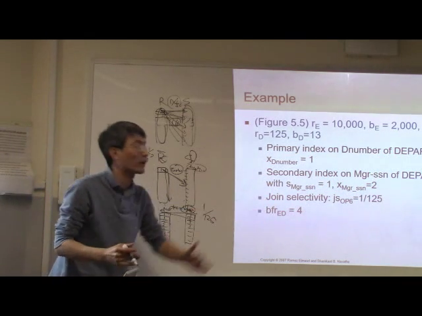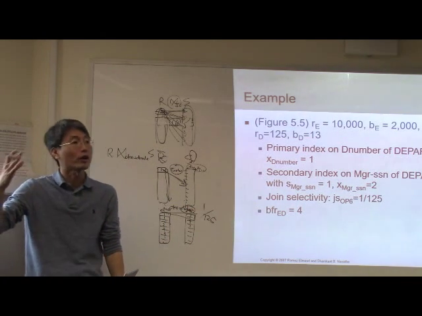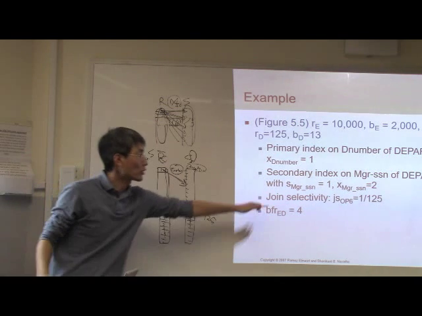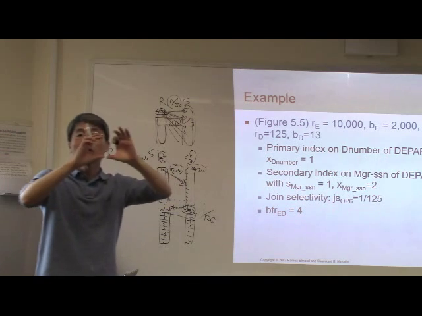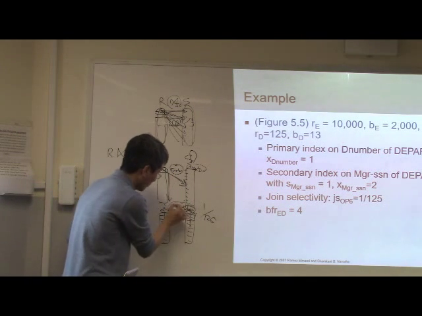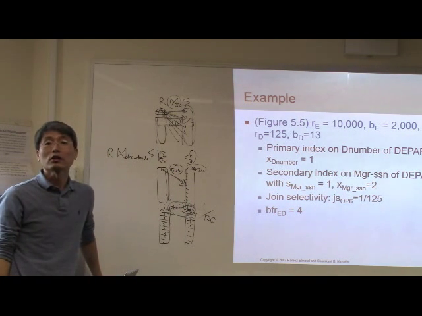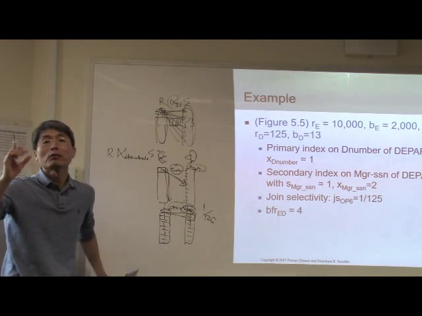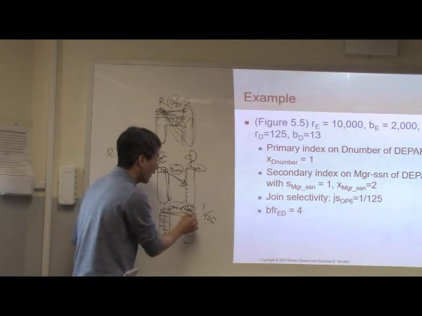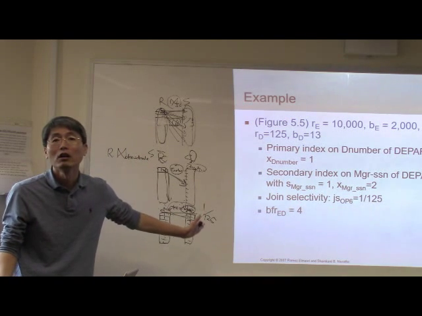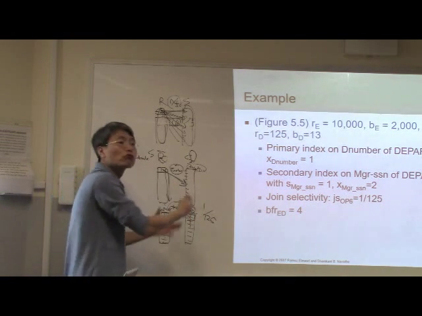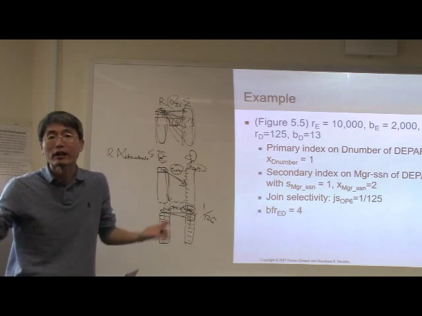That is the join selectivity, 1 over 125. Do you understand this join selectivity? Among the 125 cases, for DNO equal to D number, one of them will be returned. However, if the D number is not the primary key of this one, then maybe 2 or 3 records will be returned.